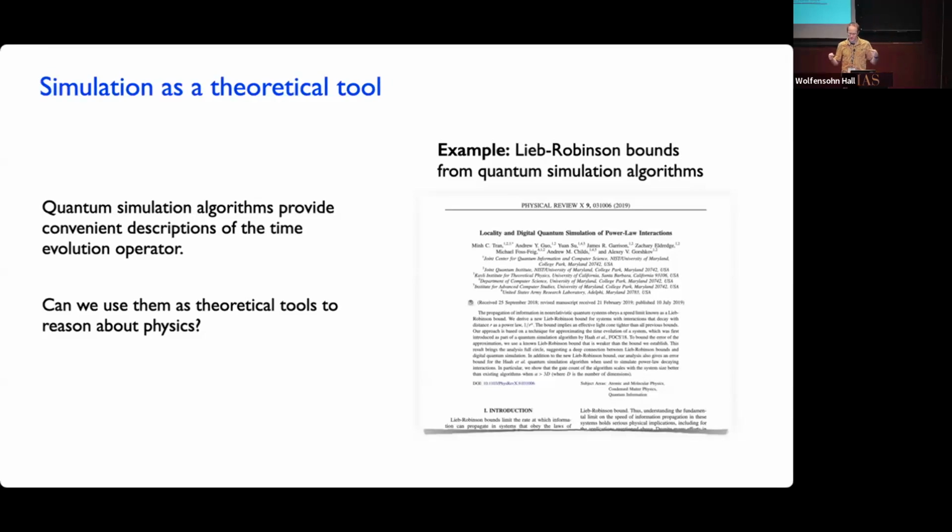But we also kind of turned things around and showed, by thinking about the structure of a certain kind of Hamiltonian simulation algorithm, that we could actually prove better Lieb-Robinson bounds for certain kinds of systems in certain regimes. It was really through thinking about how you would do the Hamiltonian simulation for this system that we were able to improve our understanding of some aspect of the physics of the system. So, hopefully there's a future for doing this kind of thing. And I guess it's another reason to be interested in understanding algorithms for simulating Hamiltonian dynamics.